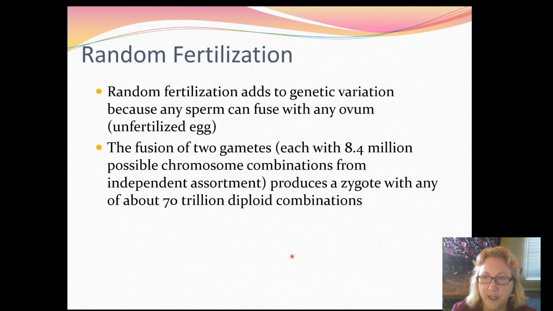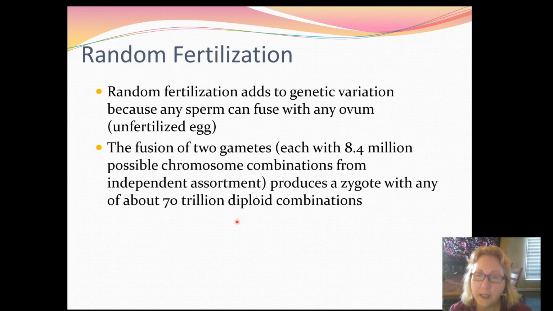So random fertilization increases that. If we consider for humans that each person can produce about 8.4 million possible gametes just based on independent assortment, not even counting crossing over, and we would have to at least double that for crossing over, that means that each individual can produce about 70 trillion different diploid combinations.